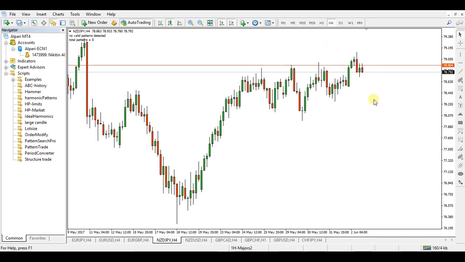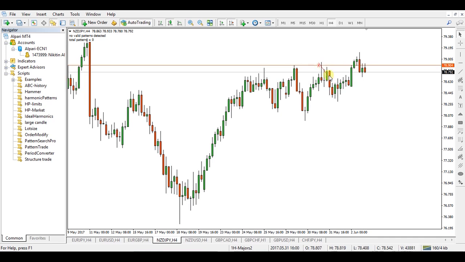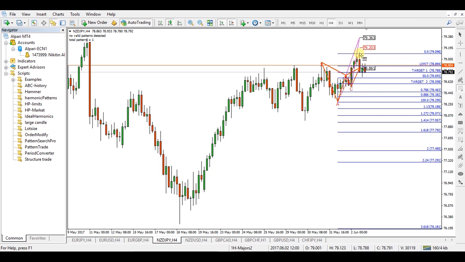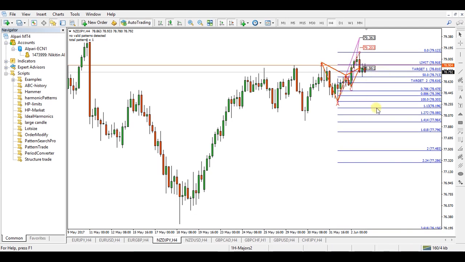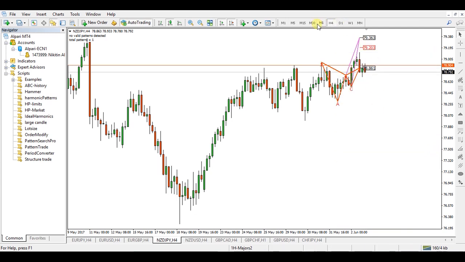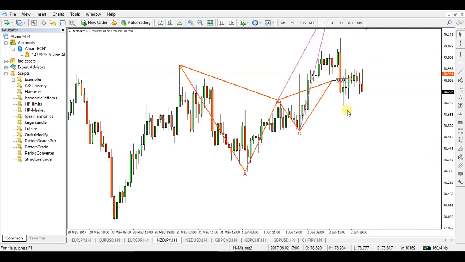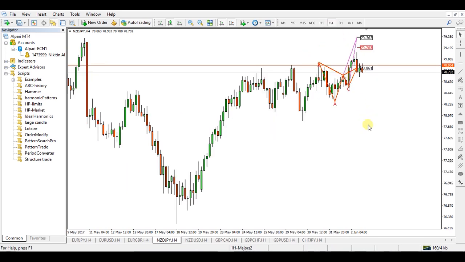Potential pattern looks this way. X to A to B to C. What is it? It is a godly pattern. It hit target 1. Pretty much better seen on 1 hour time frame. Okay, so nothing else for now.